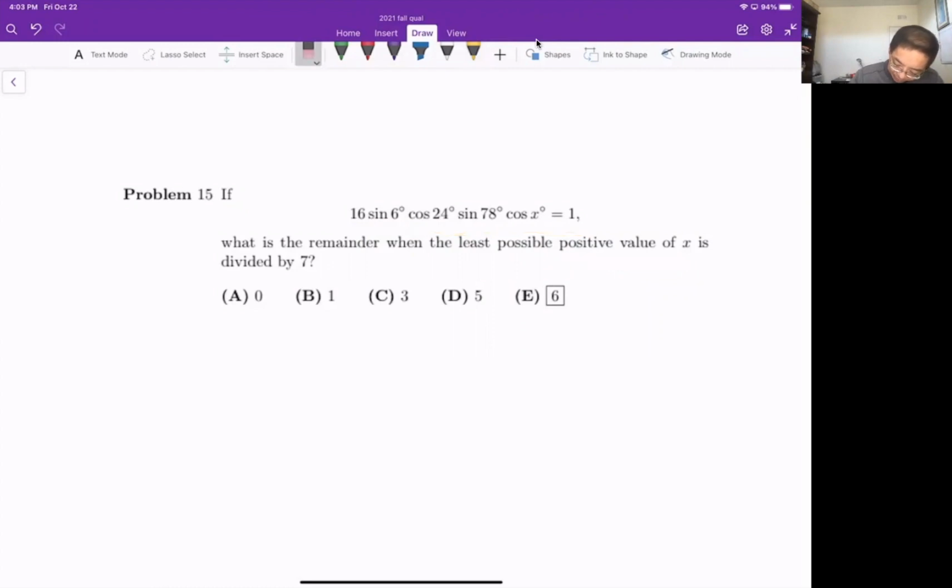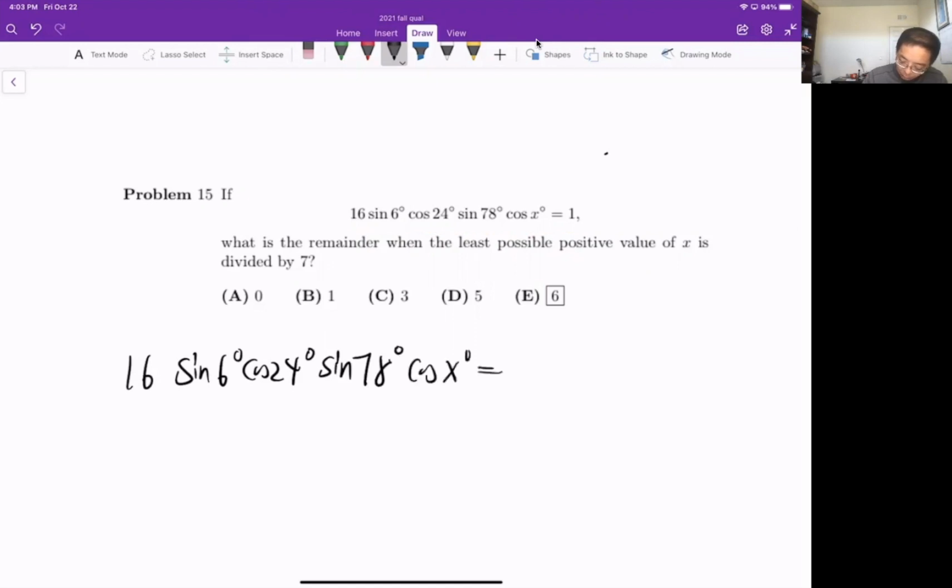Okay, so let's copy the equation here. We have 16 sine 6, cosine 24, cosine 78, and cosine x equal to 1. Let's multiply cosine 6 on both sides.